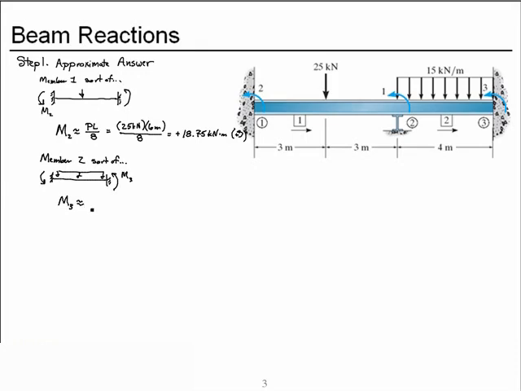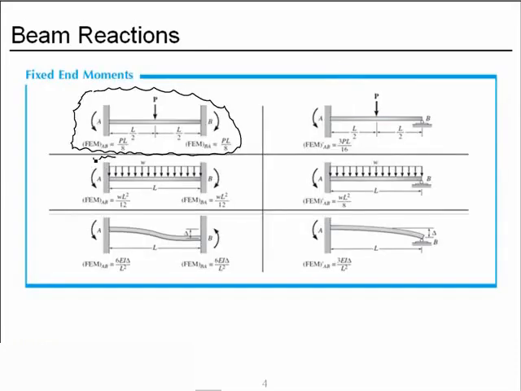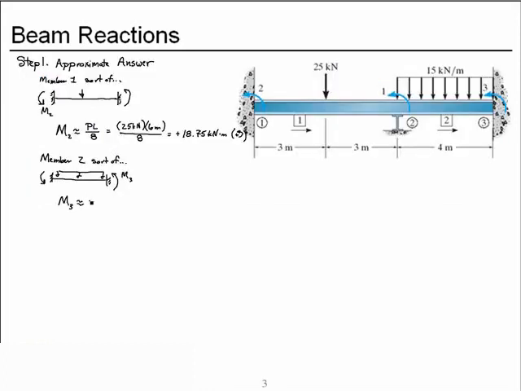And from the inside back cover of our text, we see the moment is omega L squared over 12, and this one is clockwise, so we will have a negative omega L squared over 12, with omega of 15 kilonewtons per meter. The length is 4 meters. We'll square that over 12, and altogether that gives a minus 20 kilonewton meters, where positive is counterclockwise.